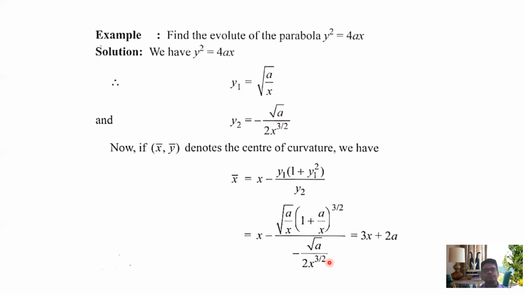So after simplification, what we have is 3x plus 2a. The root cancels, the x simplifies, and after this you have this.